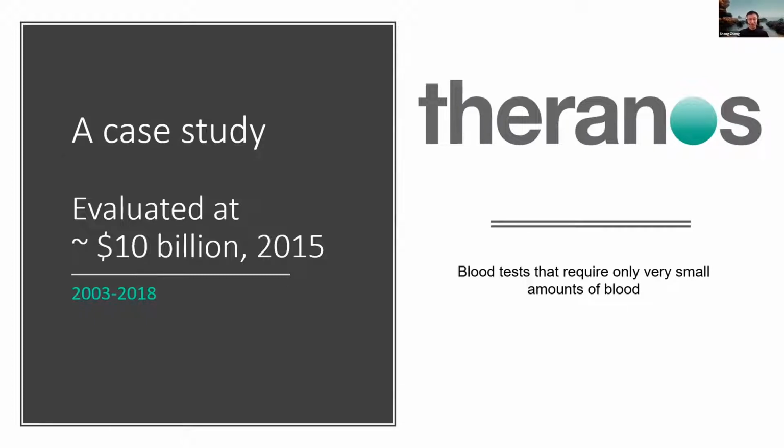That makes it one of the rhinoceros in the biotech field. And what Theranos does is to develop blood tests that require only a very small amount of blood for the test.